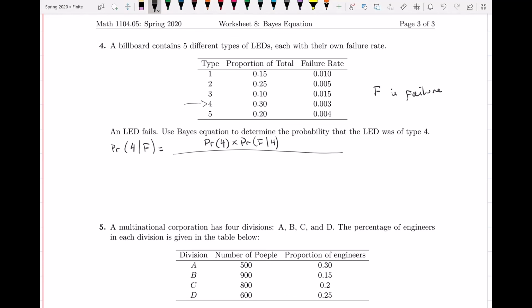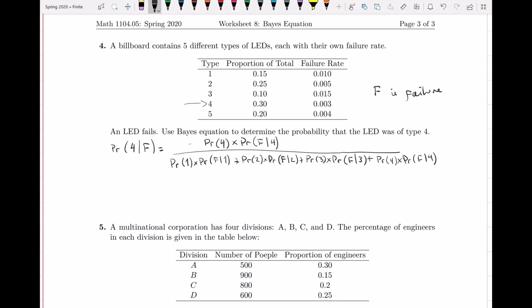So you could be a type 1 and fail: probability of 1 times probability of failure given 1, plus you could be type 2 and fail, probability of 2 times probability of failure given 2, and so on. Probability of being type 3 times probability of failing given that you're type 3, plus probability of 4 times probability of failure given that you're type 4. And this is a repeat of the numerator down in the bottom, which is good.